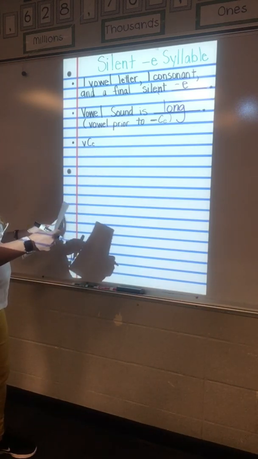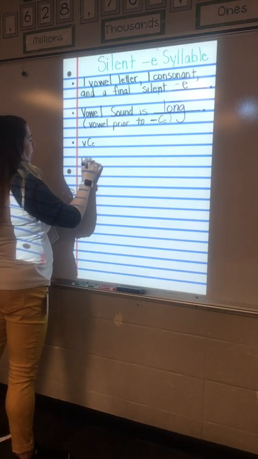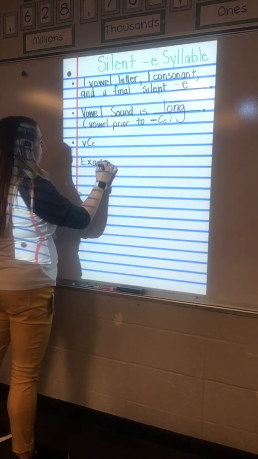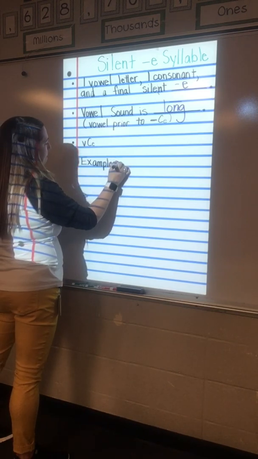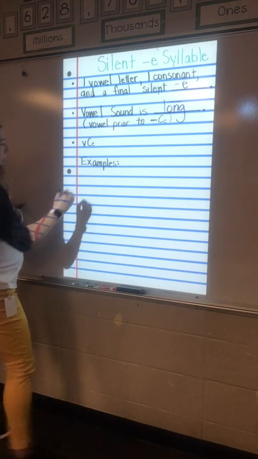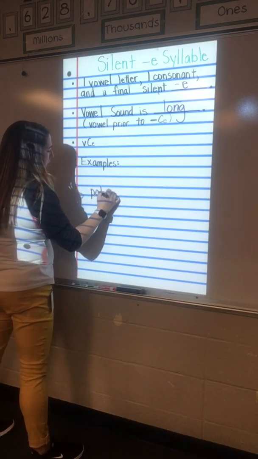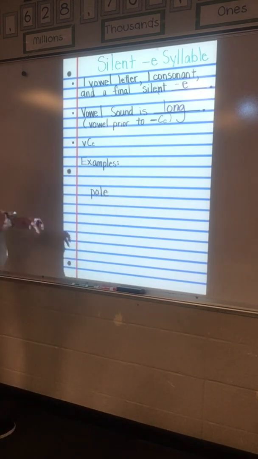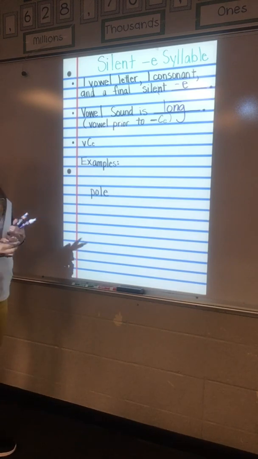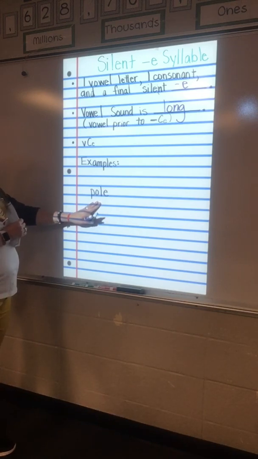Okay. So we're going to do some examples. So I'm going to come down here and write the word examples. Okay. And I want you to write these letters. P, O, L, E. Okay. So if I look at this word, P-O-L-E, the first thing we always do is we spot the vowels.